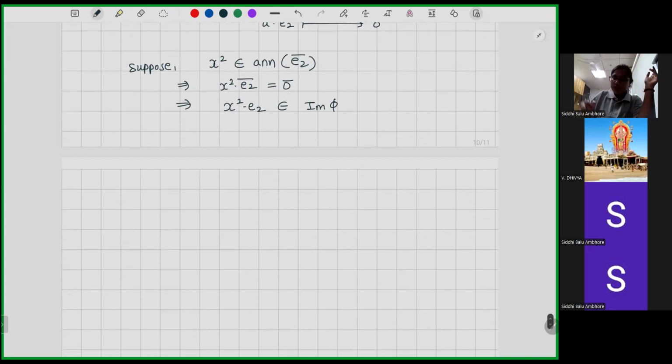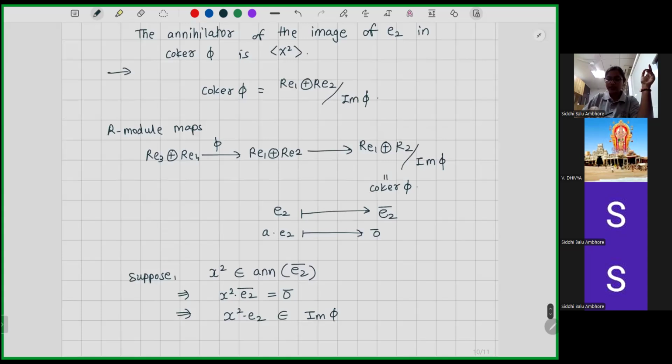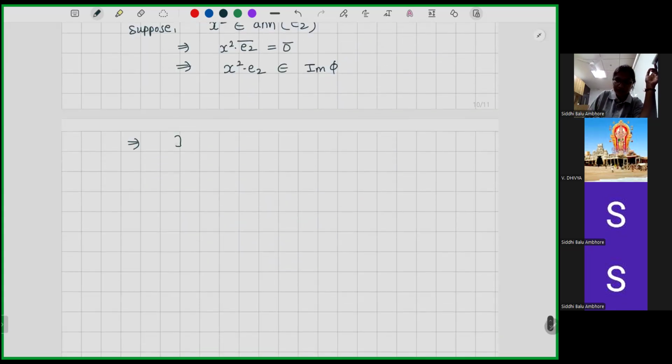So once something is in image phi, it means it is some A E4 plus B E3 in this module. So this implies that there exist A, B in R such that phi of A E4 plus B E3 is equal to x square E2.